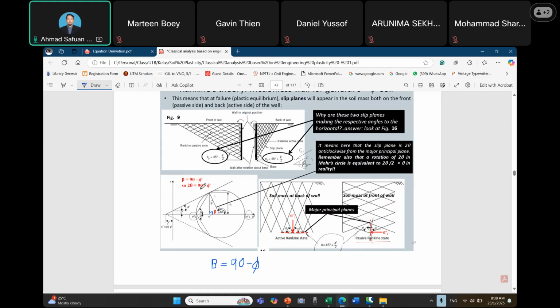So from there, what happened in the Mohr circle, when we put it in reality, we need to divide it into half. For example, if this is 2 theta, when we want to consider reality, we need to divide it into 2.